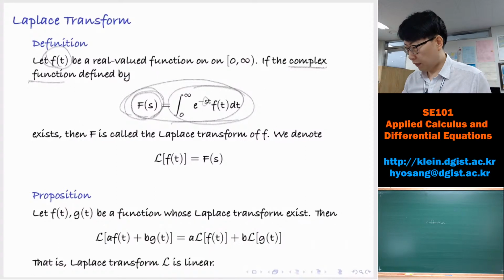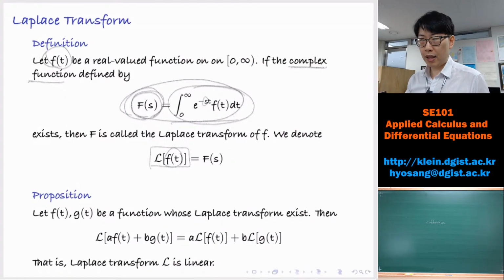From now on, we are going to write our Laplace transform in two different ways. One way is that if you want to specify the function that we are going to Laplace transform as small f of t, then we are going to use L of f of t, meaning that it's the Laplace transform of f of t.